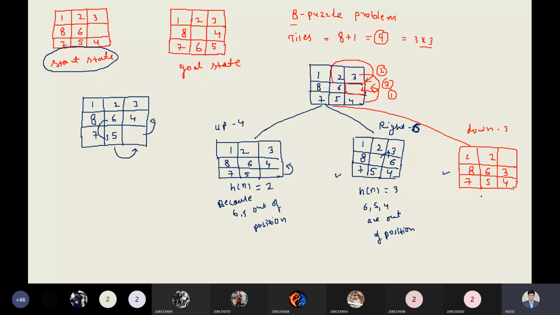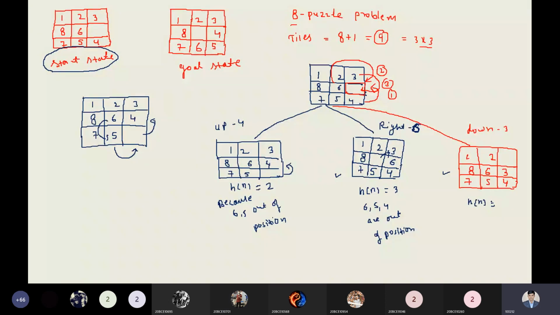And what about this one? Down 3 I'm choosing. 4, sir. Sir, 2, because only 3 is out of position here. No, sir, 4. If 3, 4, 5, 6. This is a very important point.